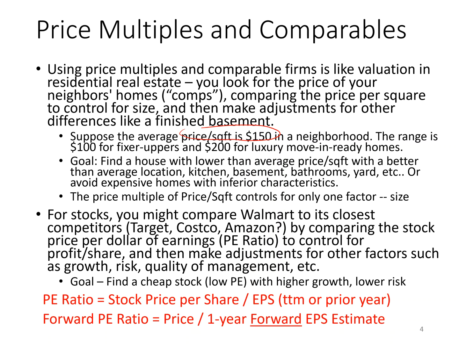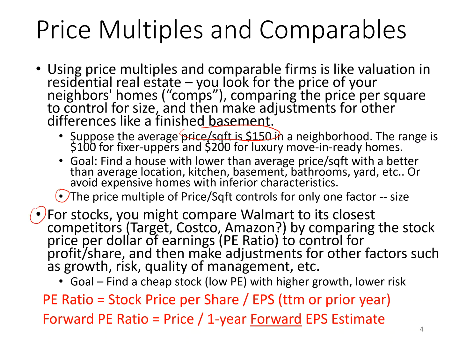Another way of thinking about it, you try to avoid expensive homes, which means a high price per square foot, that have inferior characteristics like a bad curb appeal. So what you think about is the price per square foot. That price multiple controls for one factor only, size, and then you have to make these qualitative adjustments for everything else. So how do we use this concept for stocks?